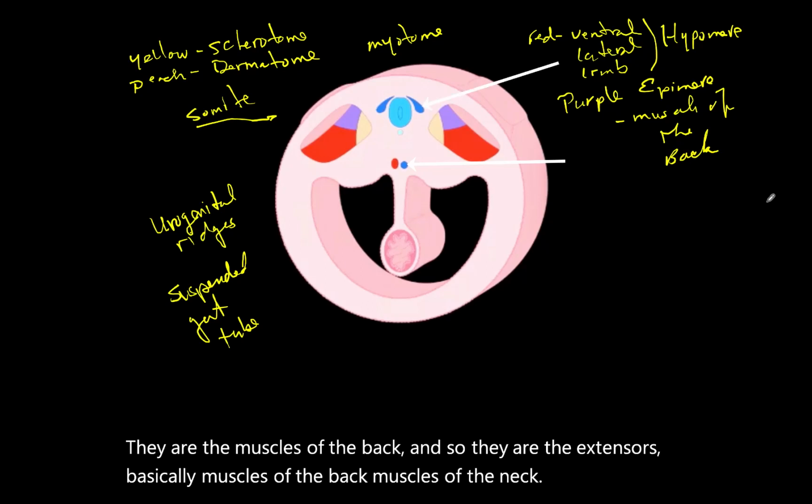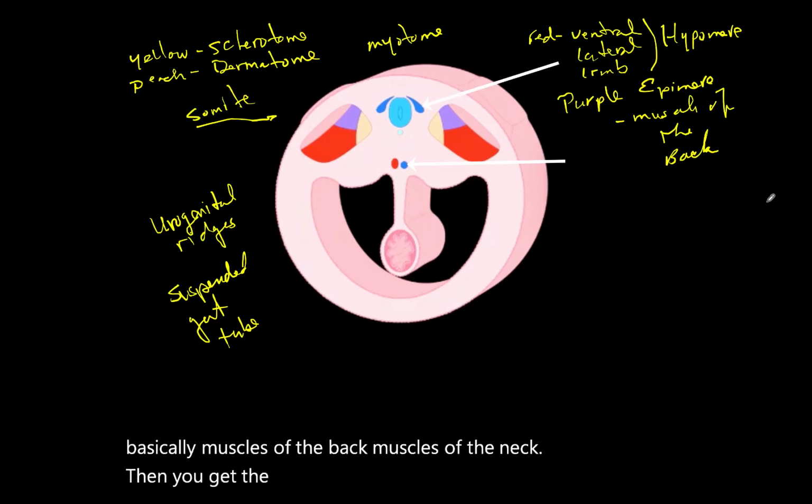Then you get the neural tube. So you get the crest cells.